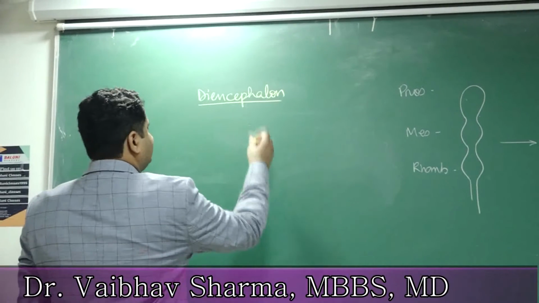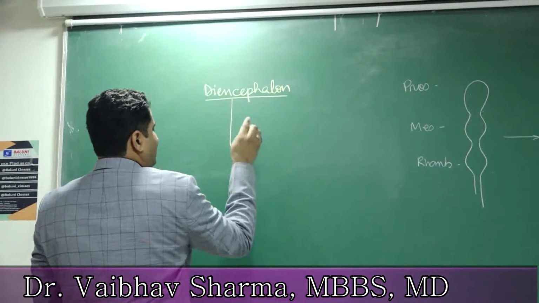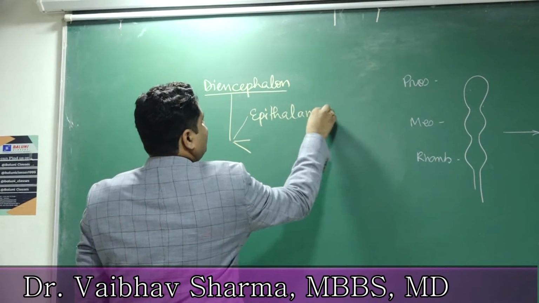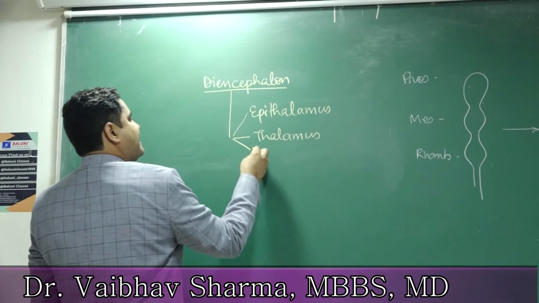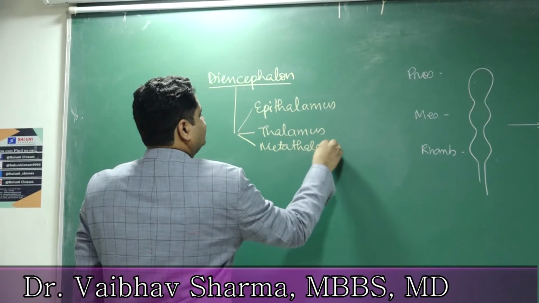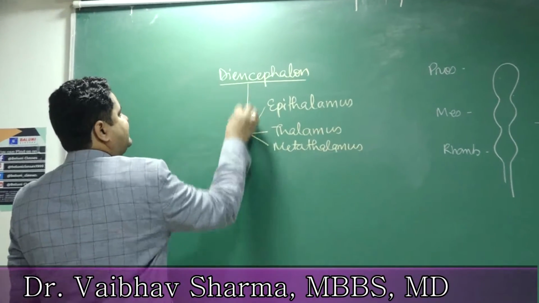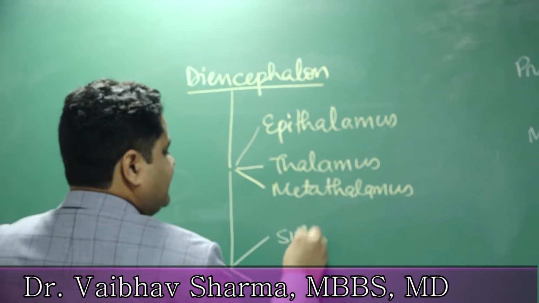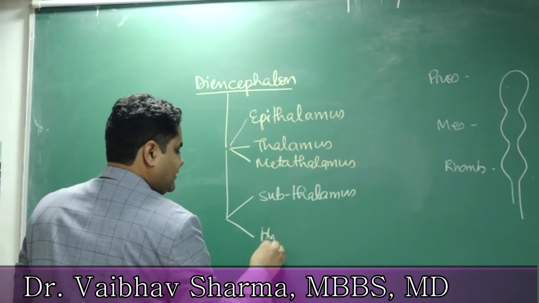Now, diencephalon has following parts. One is called as epithalamus, second one is called as thalamus, third one is called as metathalamus. Then diencephalon has subthalamus and hypothalamus.